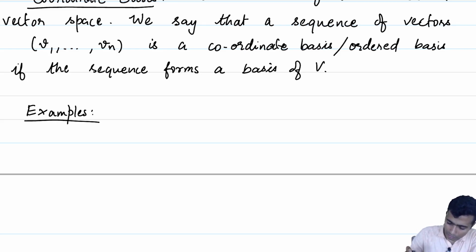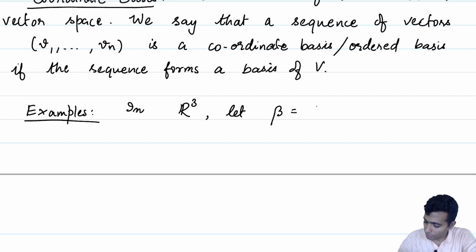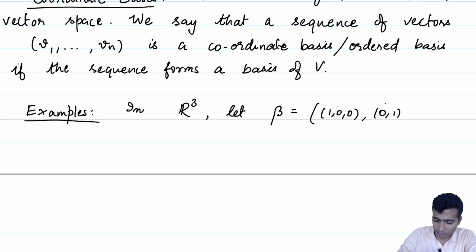The simplest example should be in, say, R3. R2 will be too simplistic to talk about the change in order. So, in R3, let beta be, so sometimes the Greek alphabets are used to denote ordered basis or coordinate basis, let beta be the sequence of vectors (1,0,0), (0,1,0) and (0,0,1).